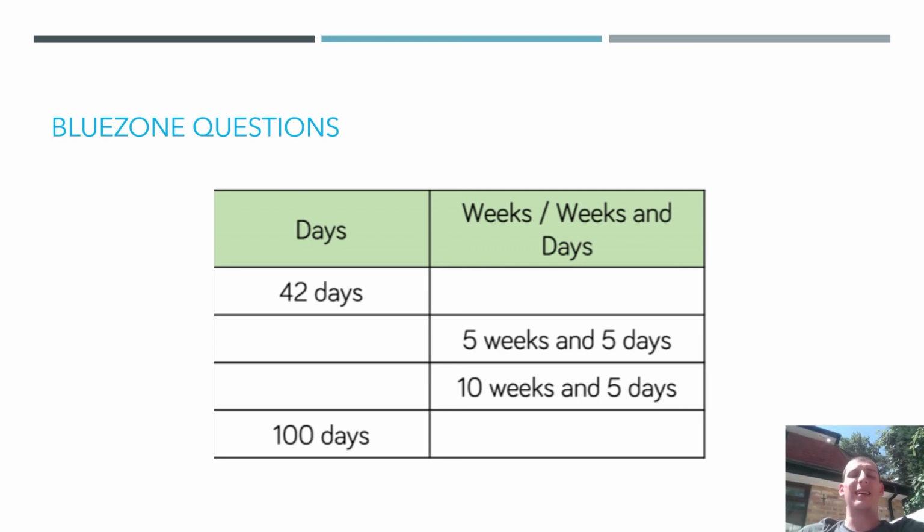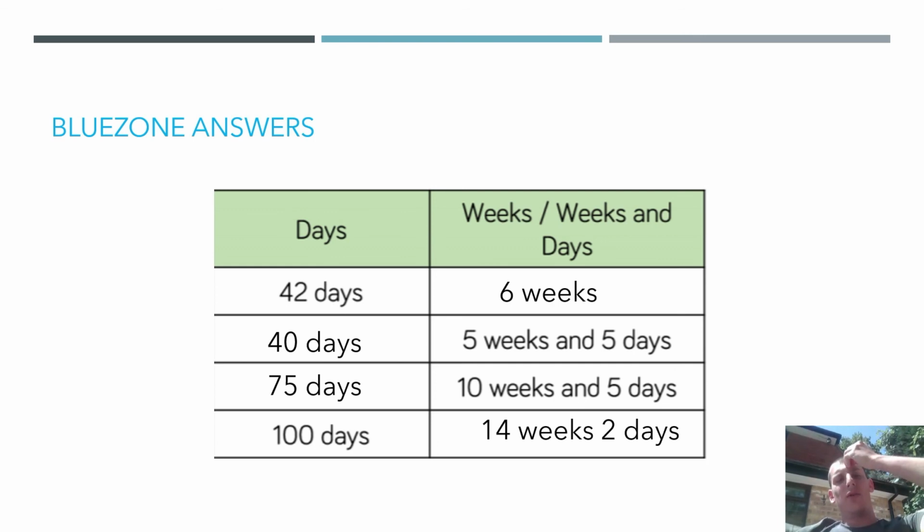There might be weeks and days. Okay. You need to tell me how many days there are in 5 weeks and 5 days, how many days there are in 10 weeks and 5 days, and then how many weeks, or it might be weeks and days, there are in 100 days. I hope you understand that. Well, I don't think I've explained that very well, but it's kind of self-explanatory. So, please pause the video, complete that task, and then press play when you are ready to go through this.